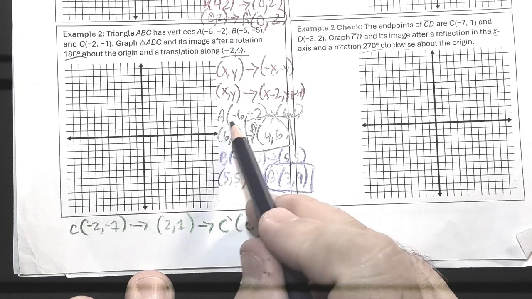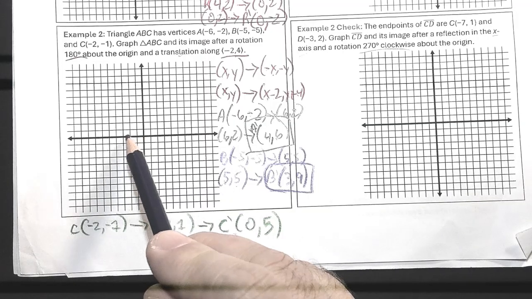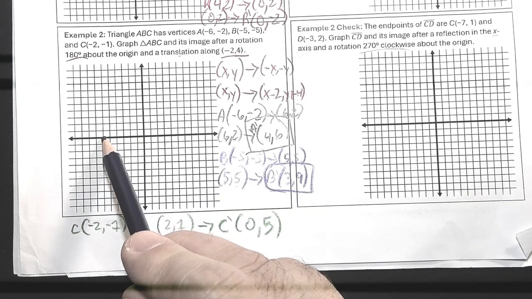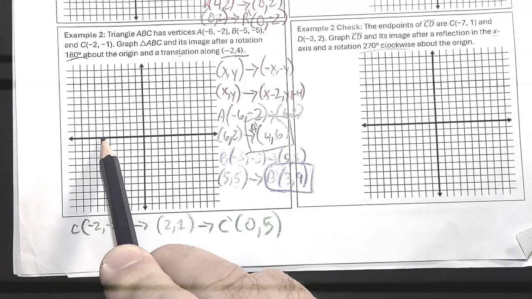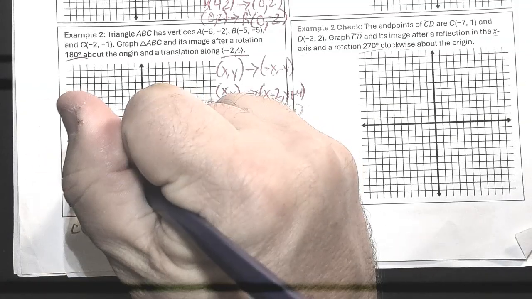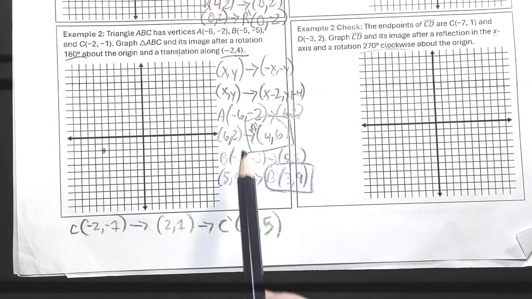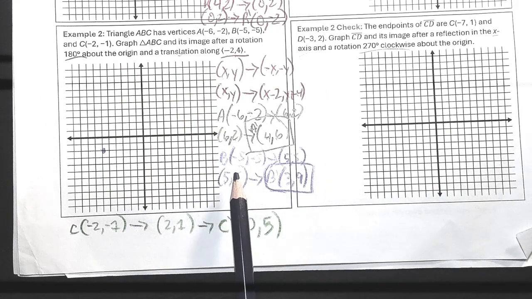-2, -6. So -1, -2, -3, -4, -5, -6. Well, wait a minute. Yeah, -6 and then -2. B, -5.